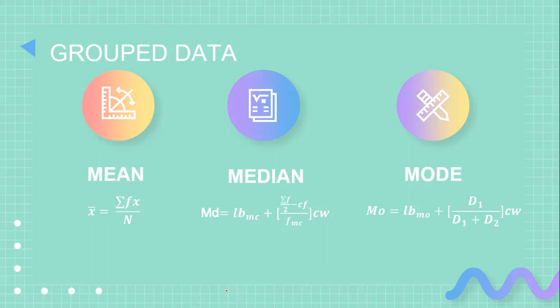Now for mode, MO is equal to lower boundary of modal class plus the quantity of D1 divided by D1 plus D2 times the class width.